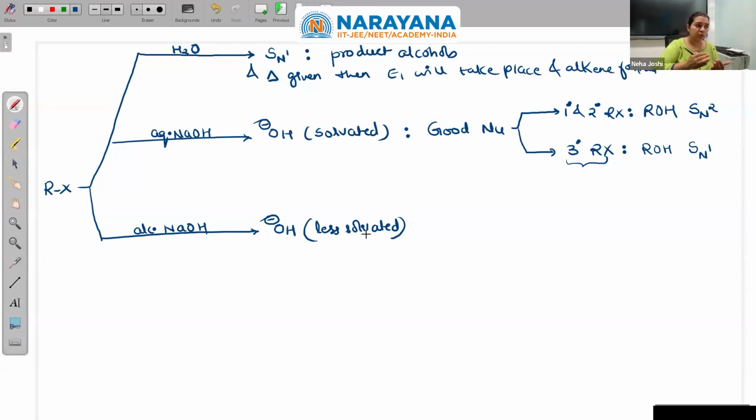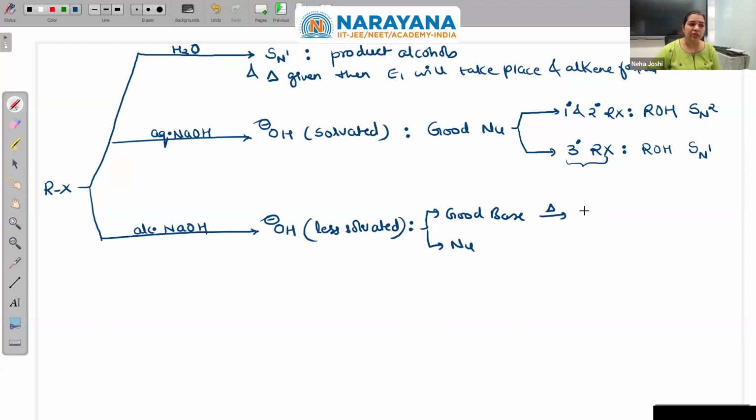Its support system was water. It has been removed. So this OH minus can now act as a good base as well as a nucleophile. That is a possibility.